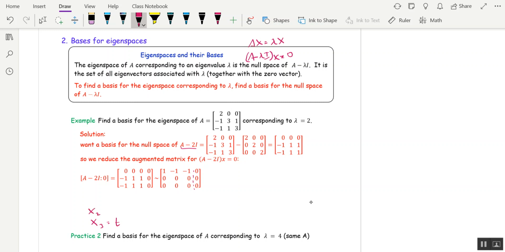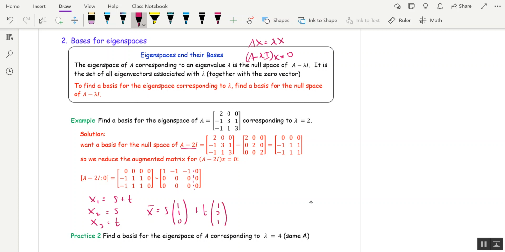X2 does not correspond to a pivot, so that's free. And X1 is not free. X1 is S plus T, X2 plus X3. So x equals S times (1, 1, 0) plus T times (1, 0, 1).